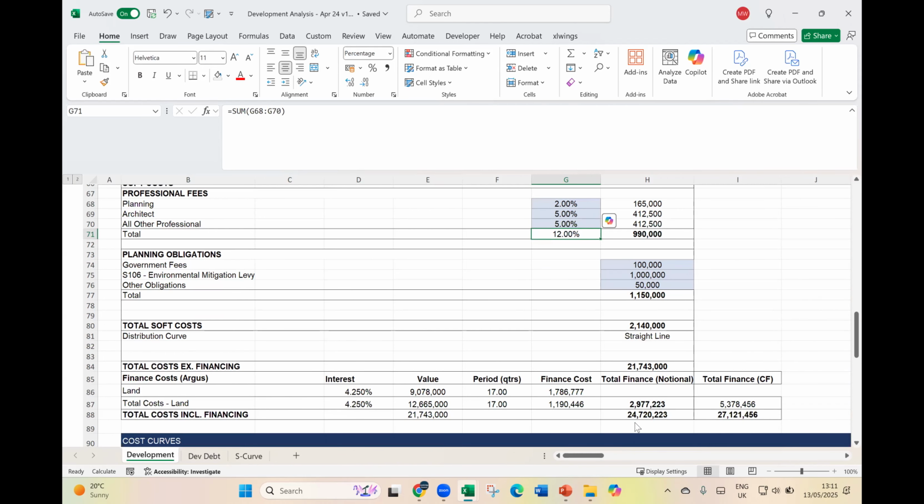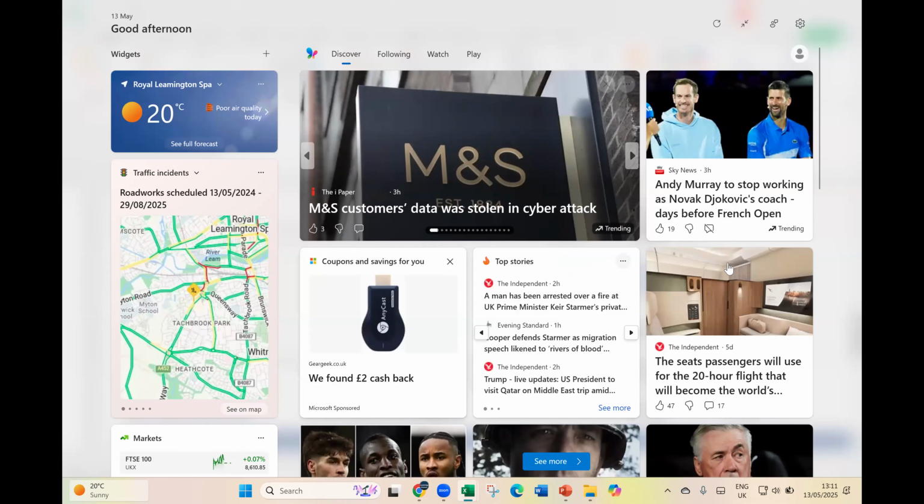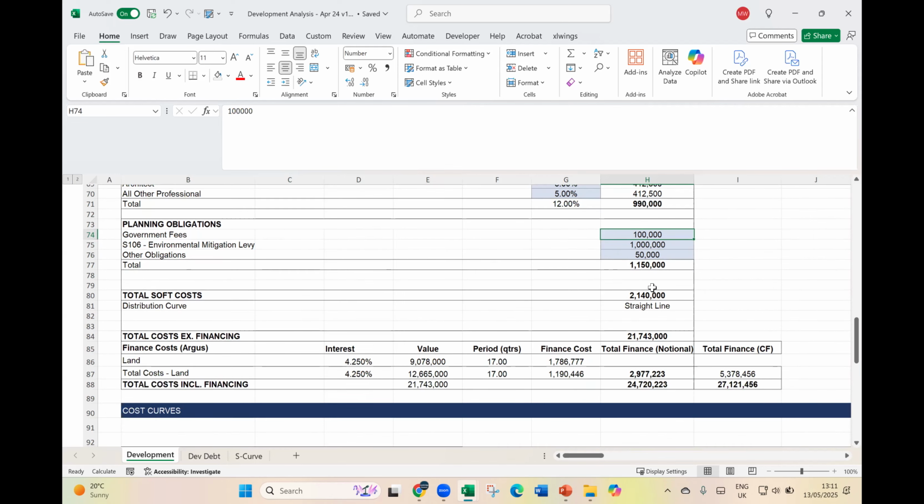One thing you need to be aware of is that in development, I put even Argus development, because they assume this finance cost, and the finance cost comes from this standard valuation. It assumes 100% loan to cost on everything, and then it's an approximate number, so to say, right?